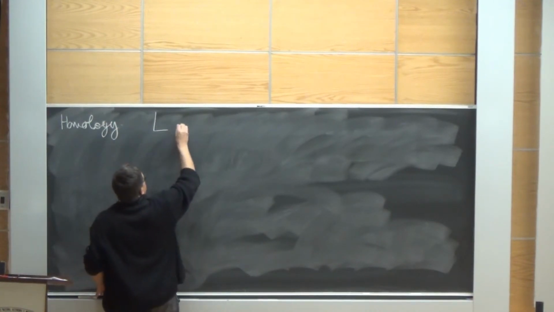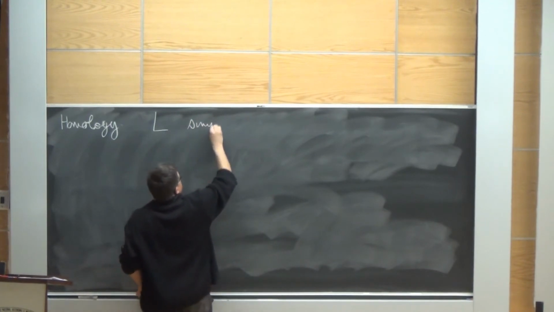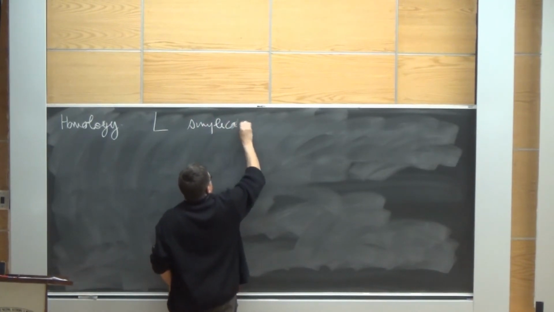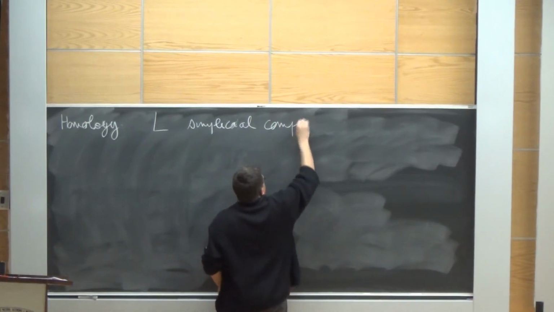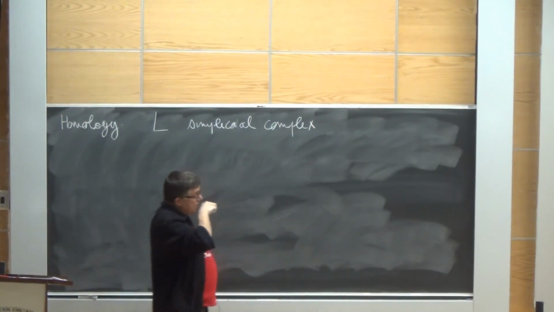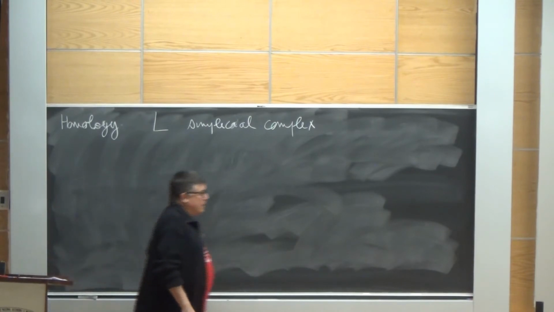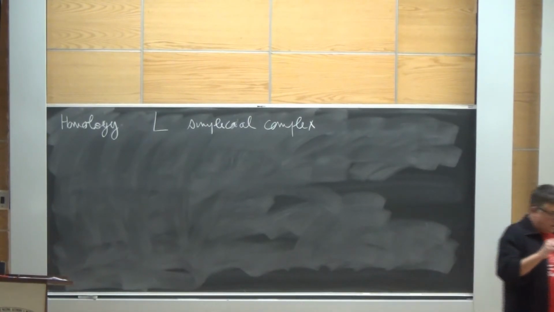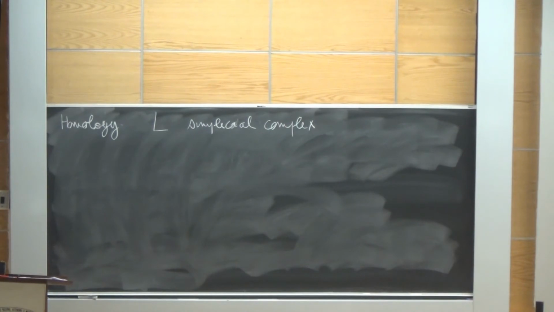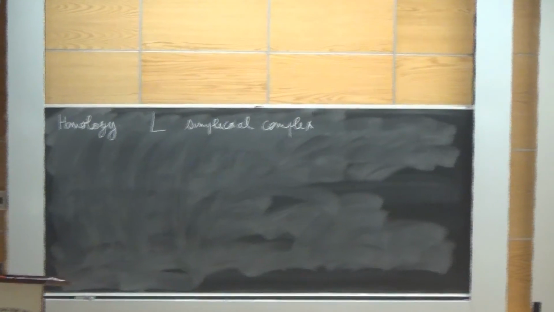So let L be a simplicial complex. Good. You may know that this simplicial complex is made of pieces of dimension 0, of dimension 1, edges, of dimension 2, triangles, dimension 3, tetrahedrons, and so on.